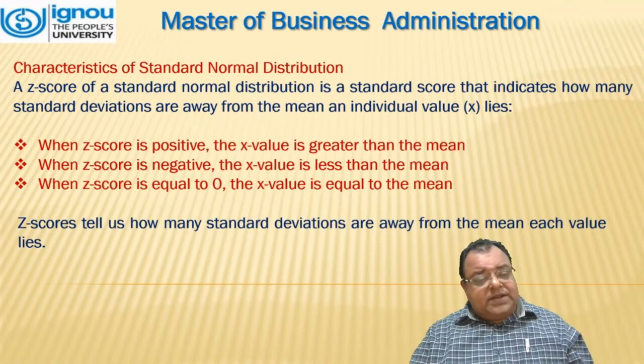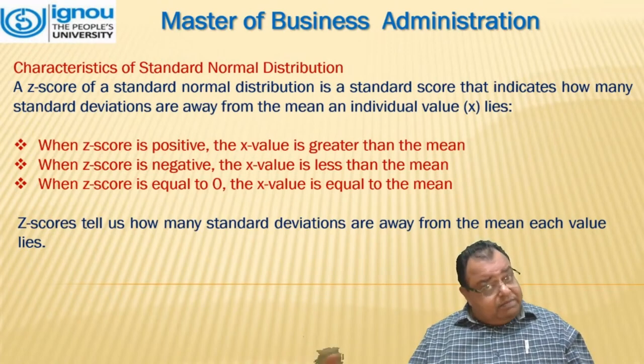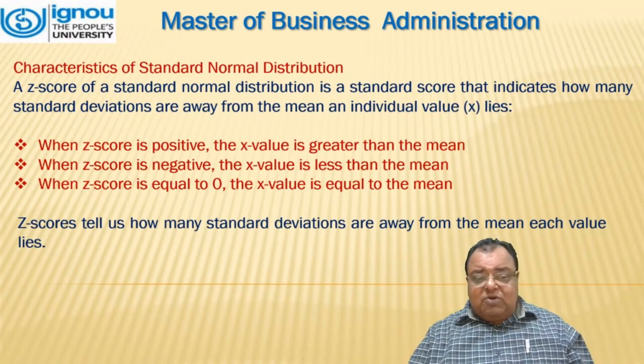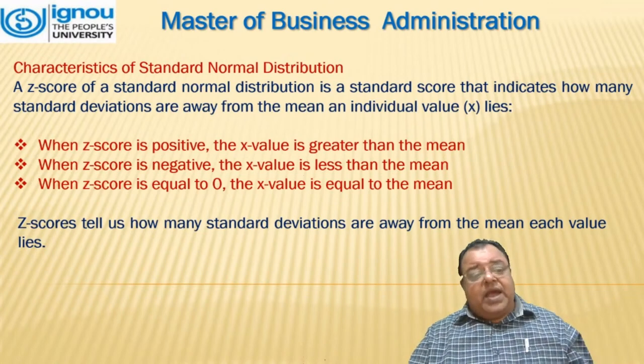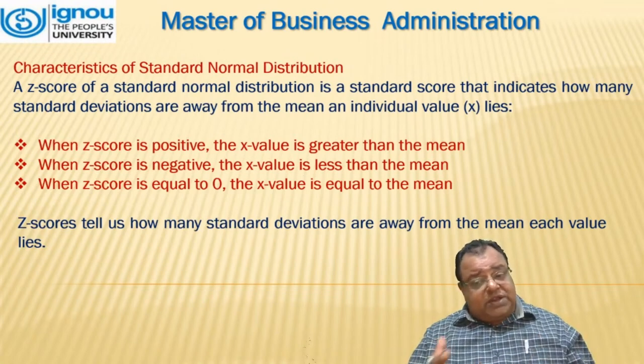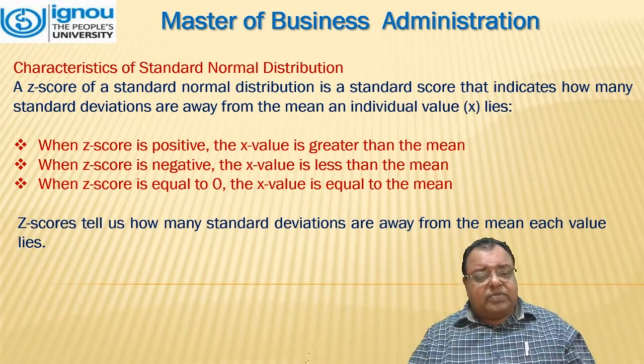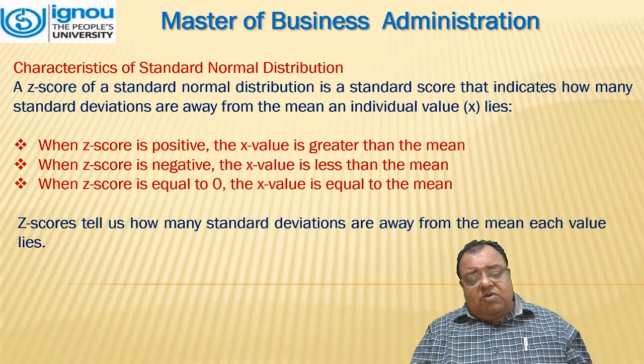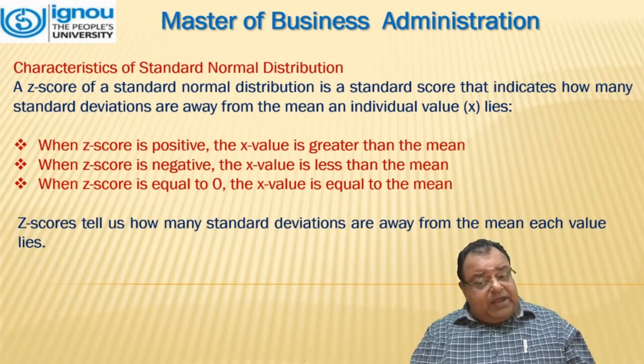When the z-score is positive, the x value is greater than the mean. When the z-score is negative, the x value is less than the mean. And when the z-score is equal to 0, the x value is equal to the mean. The z-score tells us how many standard deviations away from the mean each value lies.